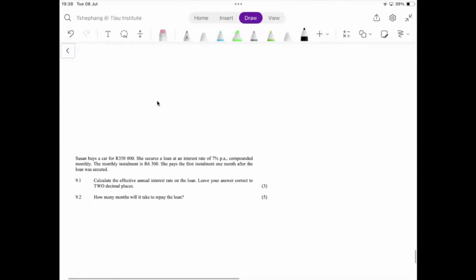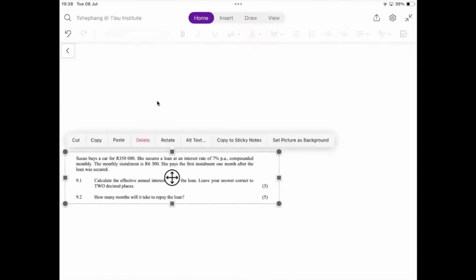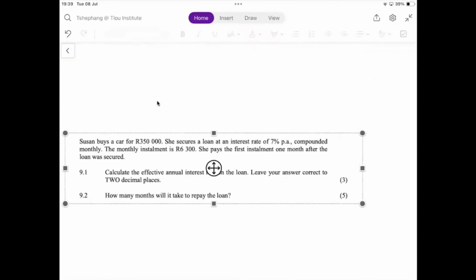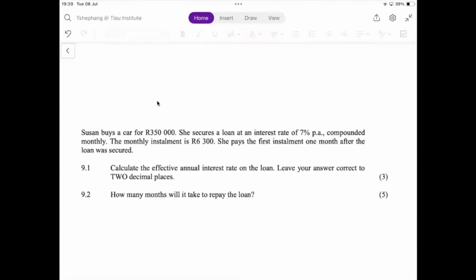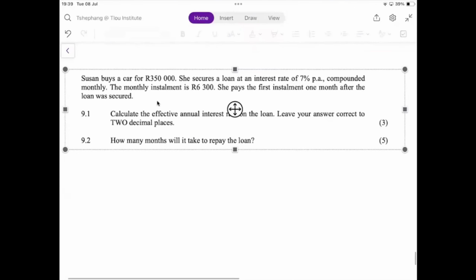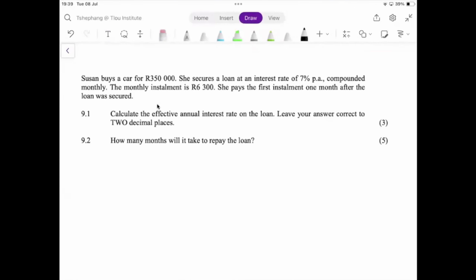Now, let's quickly move on. For the sake of time, we have to look at some annuities as well. Okay, let's look at this one. Susan buys a car for 350,000. She secures a loan at an interest rate of 7% per annum compounded monthly. That's a great interest rate. The monthly installment is 6,300.